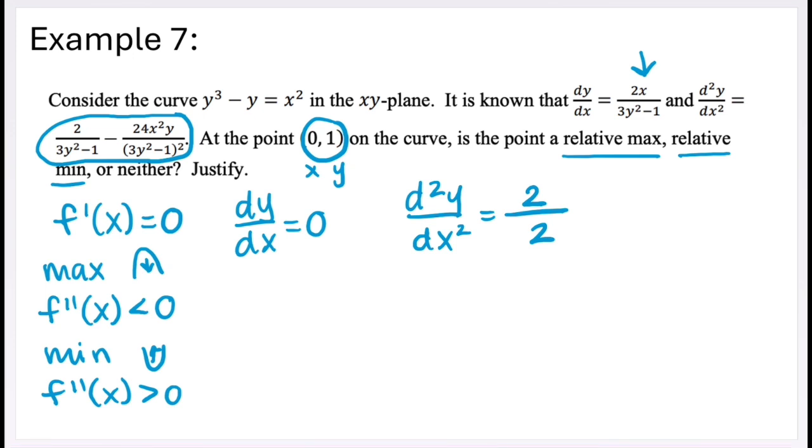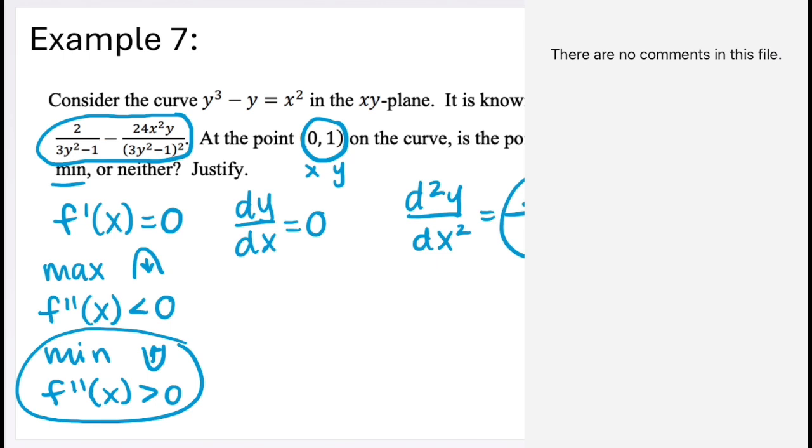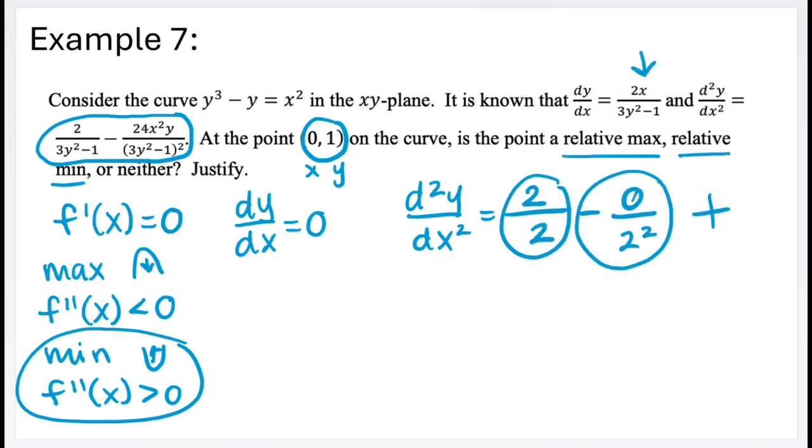And then in the second one, I'm going to have minus 24 times 0 squared times y. It really doesn't matter what y is. That top's going to be 0. And then the bottom is going to be 2 squared. But overall it's just going to be 0. So that's 0. So this is positive 1. So it's going to be positive, which means it's going to be a minimum. So it is a relative minimum.